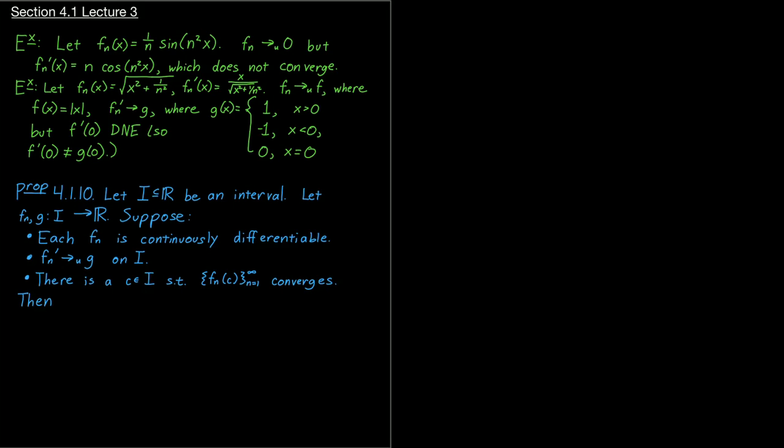Then the conclusion is that the f_n's converge everywhere. There is an f defined on our interval I such that f_n converges to f pointwise. In a closed bounded interval, at least, you can show that f_n converges to f uniformly, but for an unbounded interval, pointwise might be the best you can do.